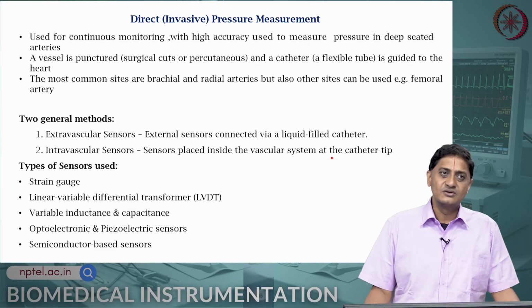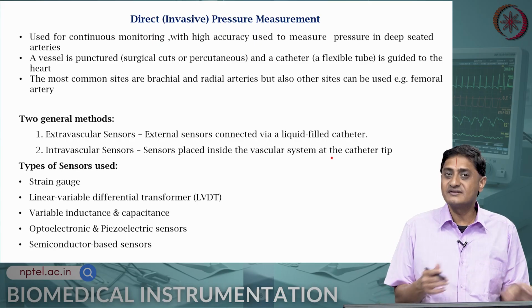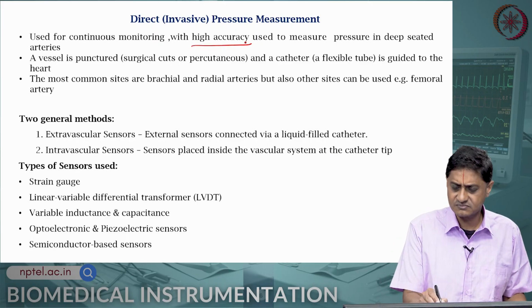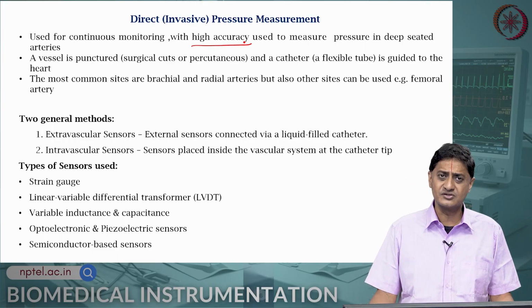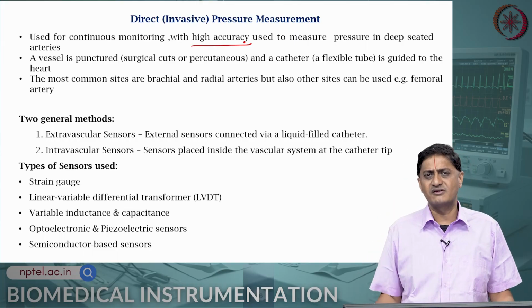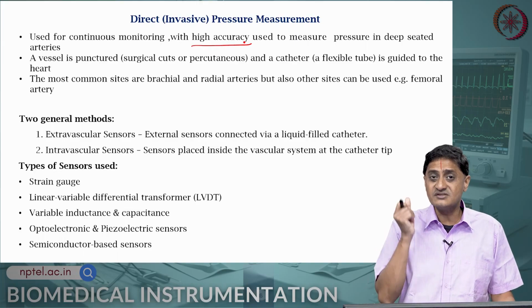We discussed this. So, direct measurement essentially is used for continuous monitoring. The advantage is that it is highly accurate and immediate, because if you use, for example, a piezoresistive sensor, it is going to be extraordinarily accurate, and the system response is very fast.